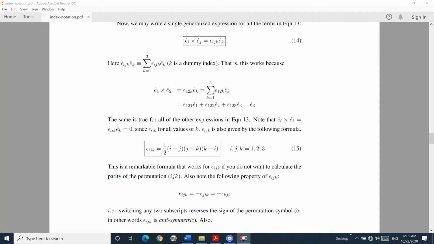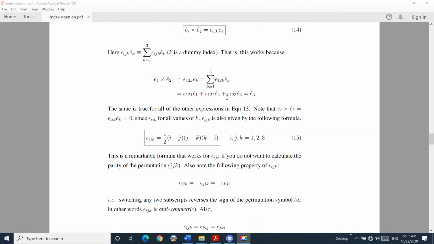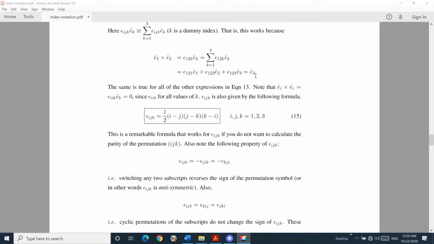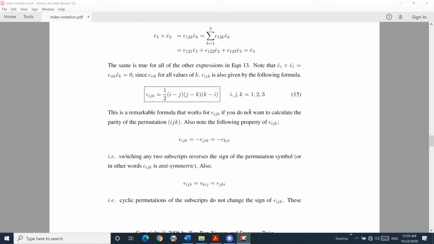This is the closed form, and we can open it up, because k is repeated, and put 1, 2, 3 in place of k. From that, this is 0, this is 0, and this gives us just 1, and that's why we obtain E3. Okay.